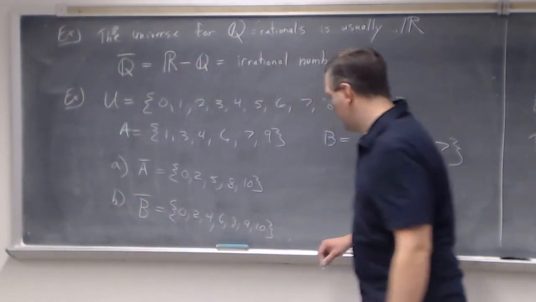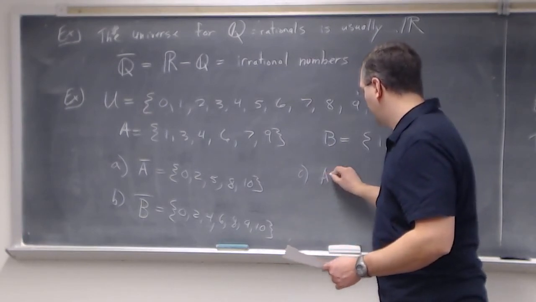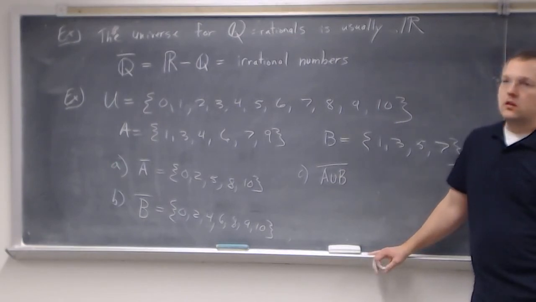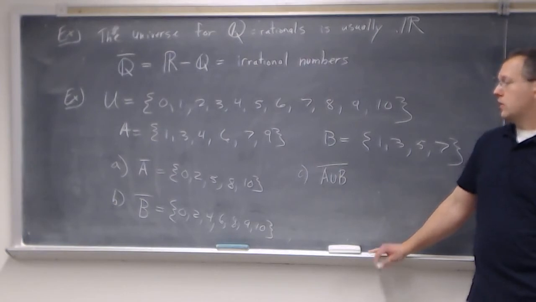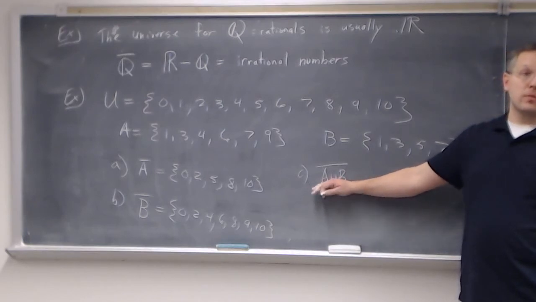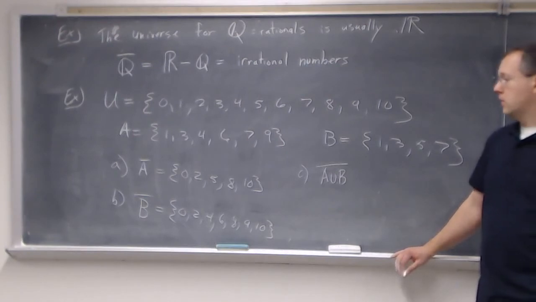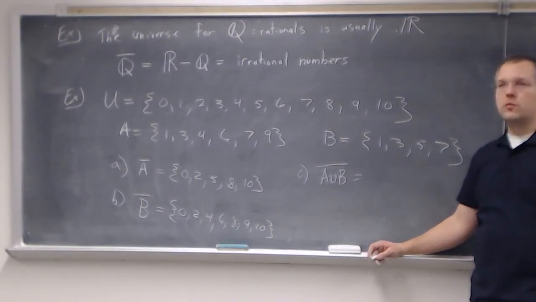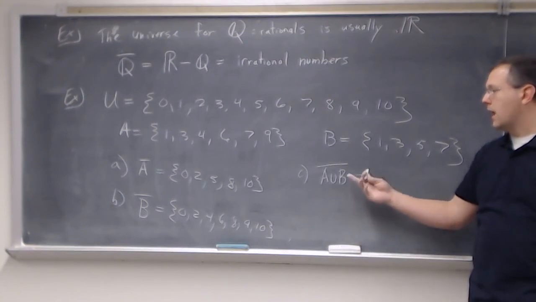What is the complement of A union B? Since the line is above the whole thing, you have to start with the set A union B, and then take the complement of that set. So you've got to think about what is A union B. Everything in A plus B. So what's not in A union B?